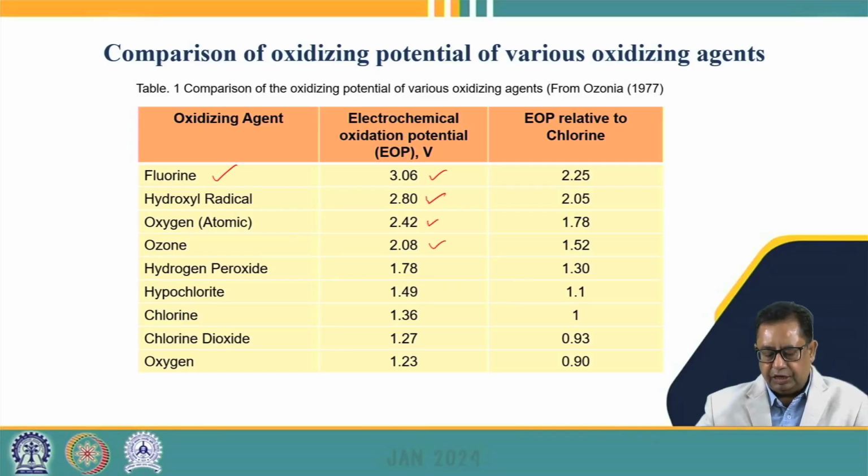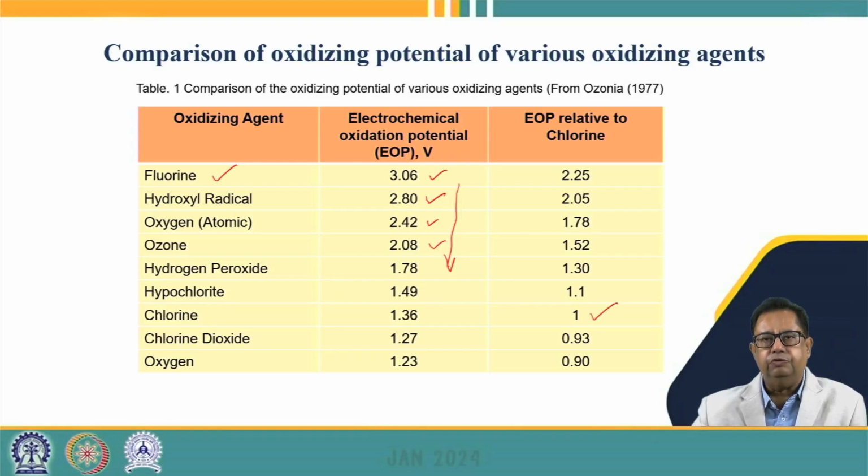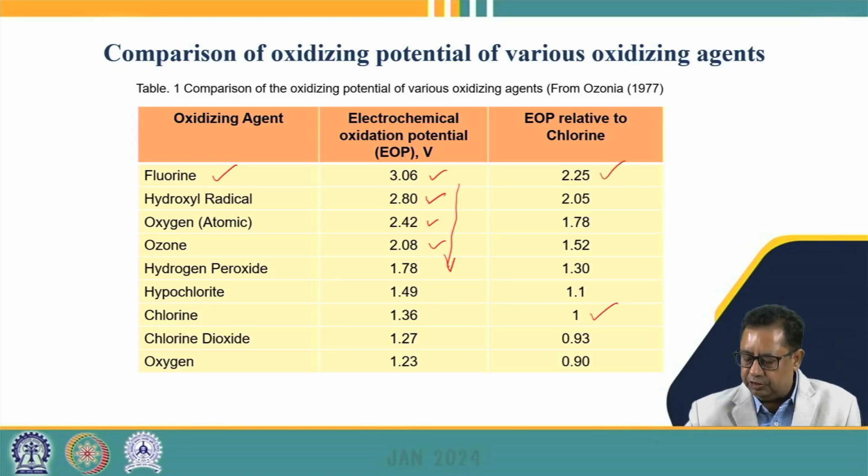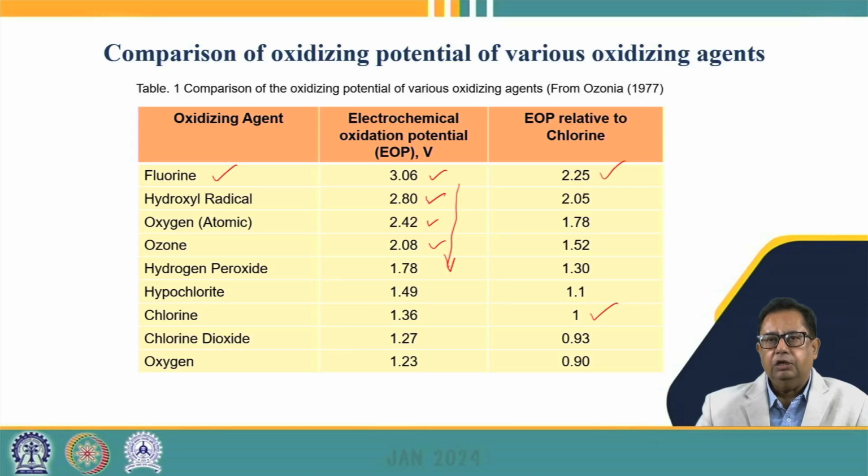Then hydrogen peroxide, hypochlorite, chlorine, chlorine dioxide, and oxygen. So these are the ORP values of different oxidizing agents, given in decreasing order. And similarly, the EOPs relative to chlorine, where you can see the normalized values with respect to chlorine are given. So here also you can find that fluorine has the highest EOP relative to chlorine.